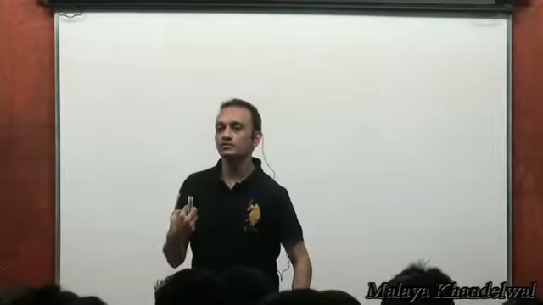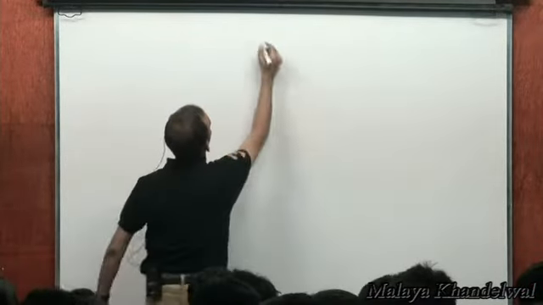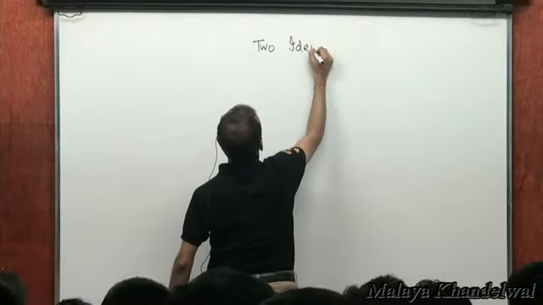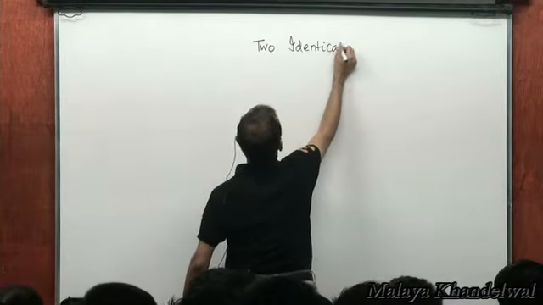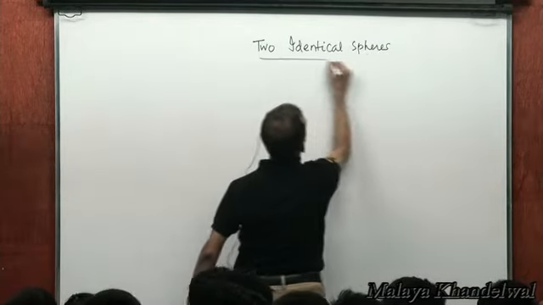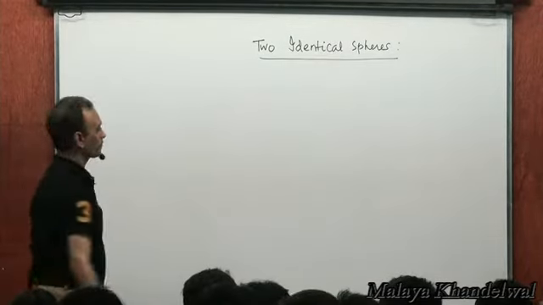Suppose there were two identical spheres, each of mass m.